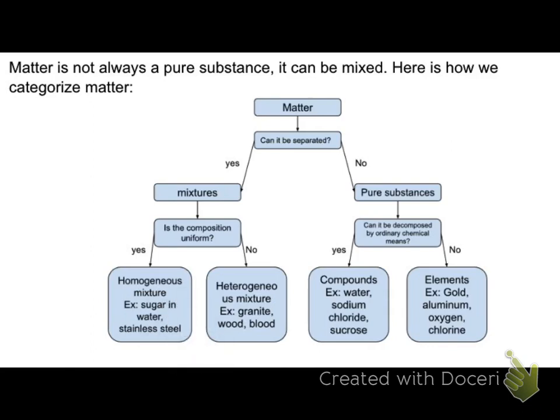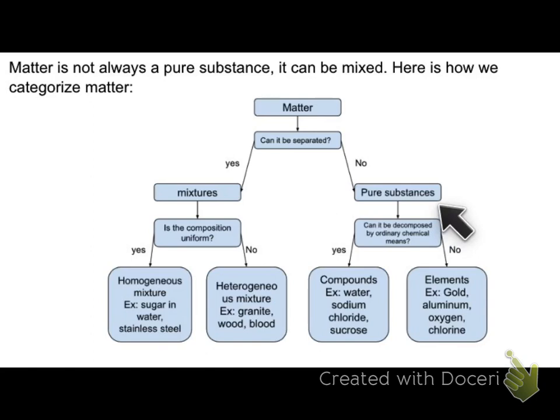A homogeneous mixture should be evenly mixed. If you've ever seen a slab of granite, you'll know that there's little pieces of different rocks in the granite that you can visually see, right? But they're not spread out in a nice even grid where it's the same amount of each type of rock in each area. So that's why it is a heterogeneous mixture.